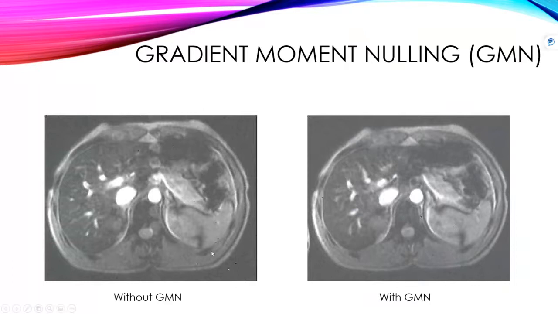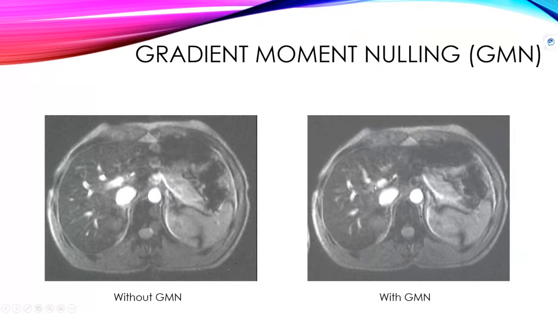So you can't really see too much difference between these, but what I can see is right here and right here, without gradient moment nulling, you've got all this weird signal coming off of vessels that isn't accurate, because it's going out of phase, and so it's producing a different type of signal. So with gradient moment nulling, we kind of cleaned it up.